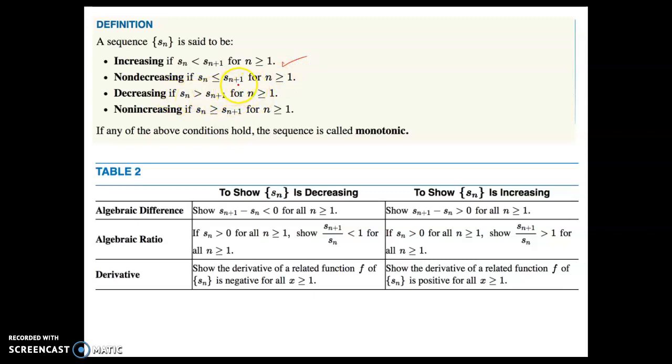Well, if S of n is sometimes equal or sometimes greater than S of n plus 1, then we call that a non-decreasing sequence. Similarly, if S of n is always greater than S of n plus 1, that means this is a decreasing sequence. This is how you find a decreasing sequence, and this is how you examine an increasing sequence.